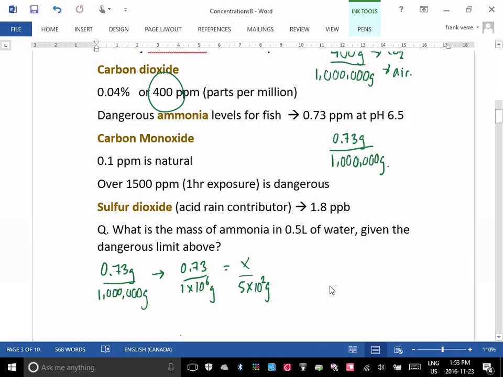You getting tired of this? Solve for x. So 0.73 times 5 times 10 to the 2 over 1 times 10 to the 6. This is grams, grams, grams. That'll cancel out. So what's x?